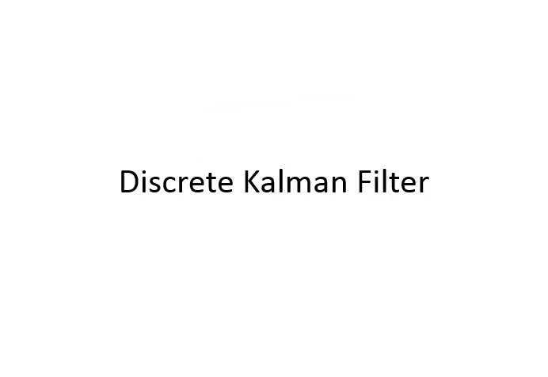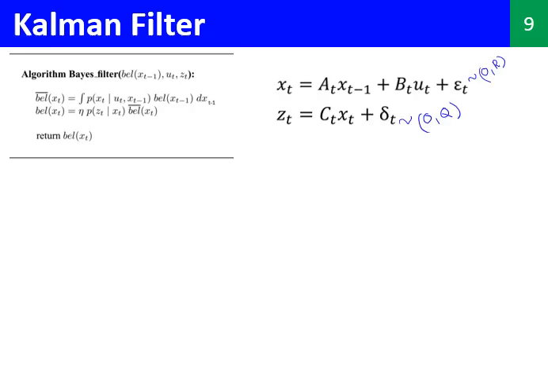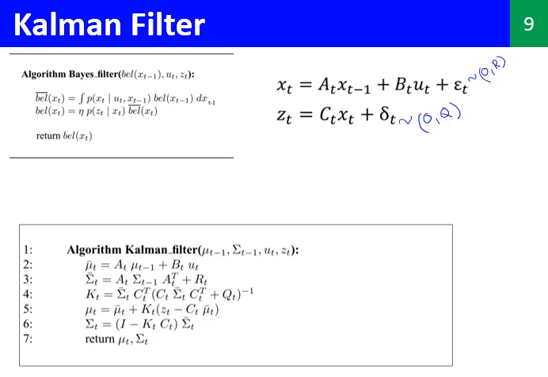Alright, now we can have a look at the discrete Kalman filter algorithm. We will not derive the equations, as I mentioned before, but that will not stop us from understanding the internal workings of the algorithm. With linear models and Gaussian probability densities, we can transform the Bayes filter to the Kalman filter using a probabilistic approach.